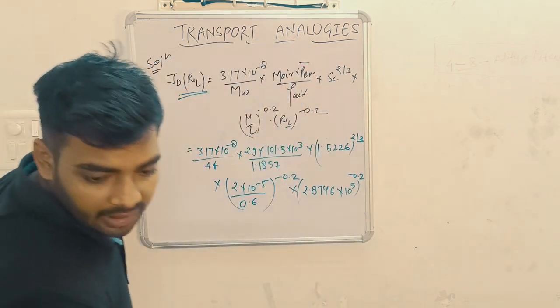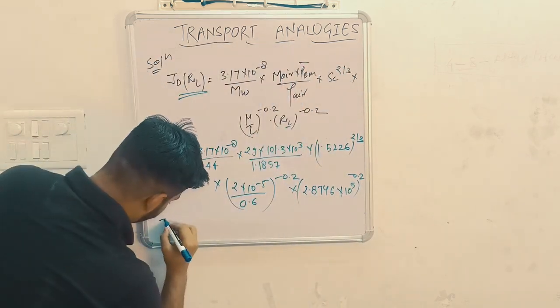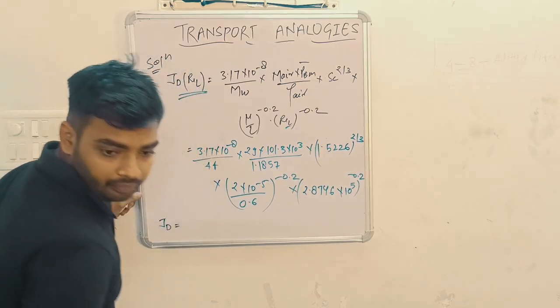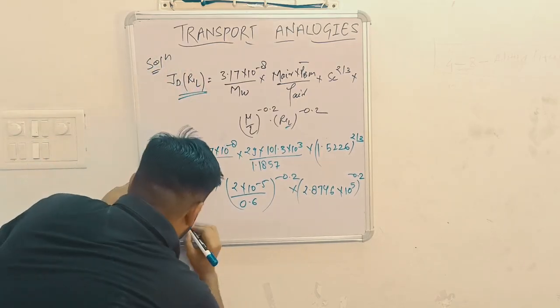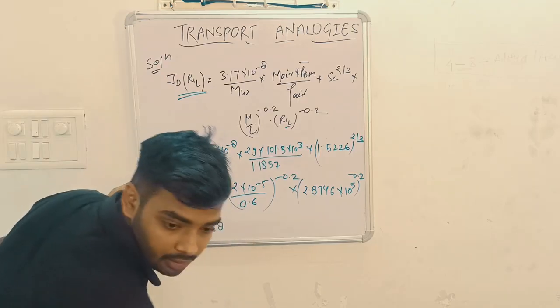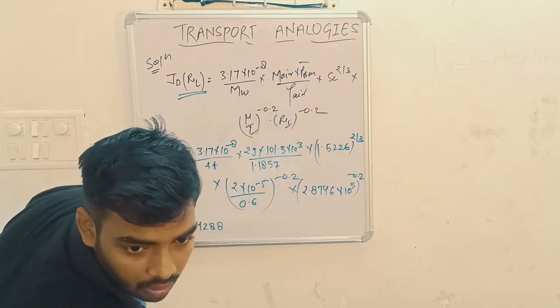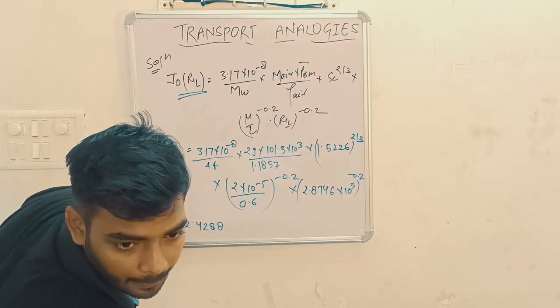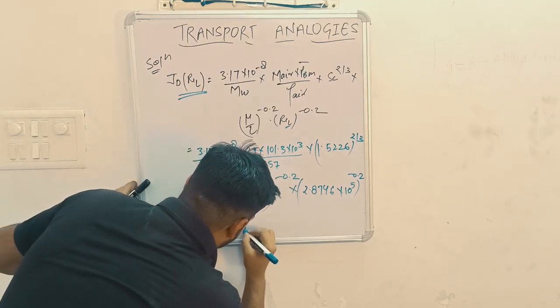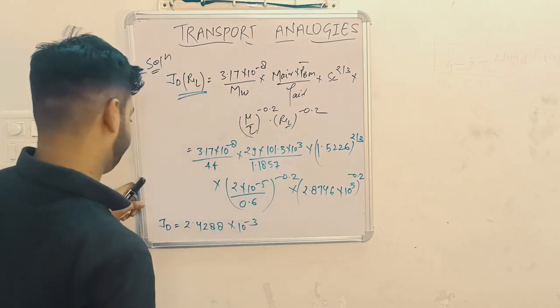So calculating all these values, we will get JD equal to 2.4288 into 10 power minus 3.